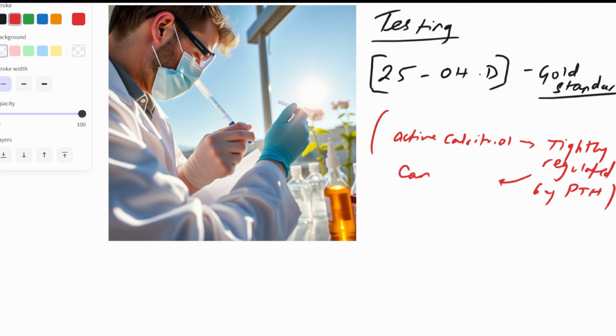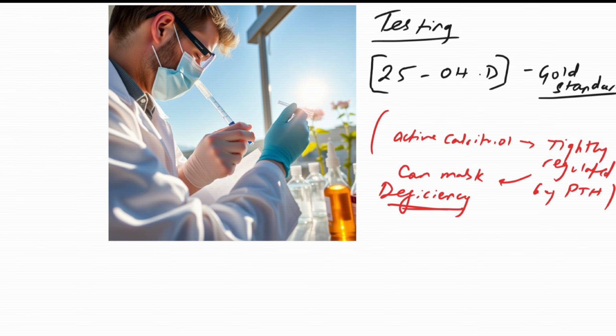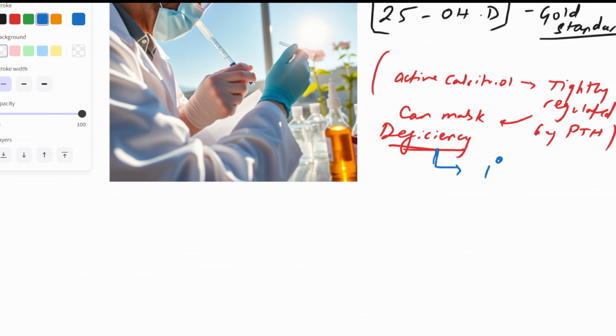It's only in severe prolonged deficiency or in cases of renal failure that 1,25-OH2D levels fall significantly. So measuring calcitriol or 1,25-OH2D is typically reserved for specific diagnostic situations. Example: suspected primary hyperparathyroidism, renal osteodystrophy, or vitamin D dependent rickets.